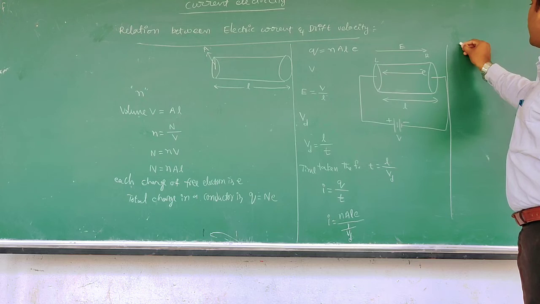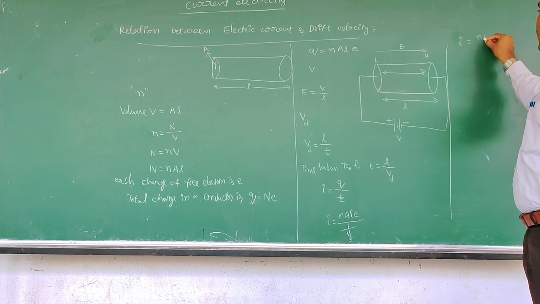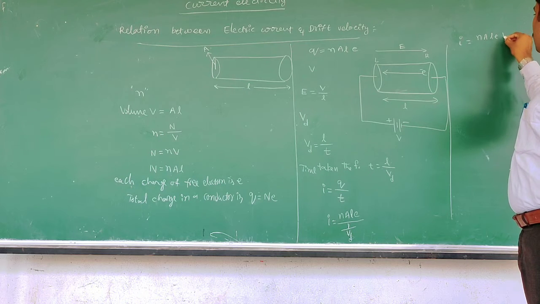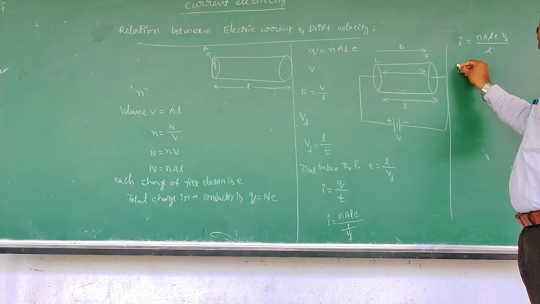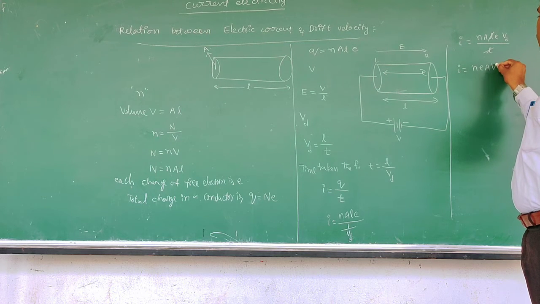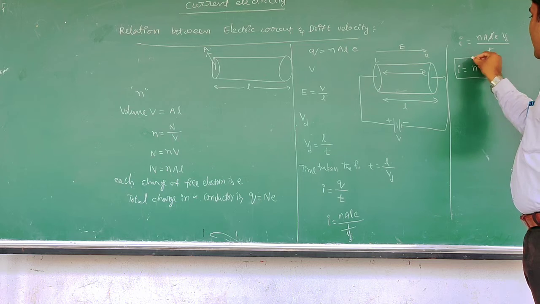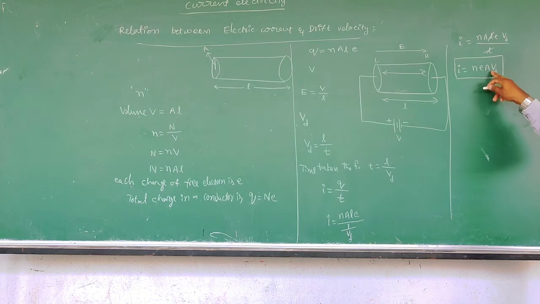Then we can write I is equal to nALe into Vd by L. L and L cancel. Then I is equal to neAVd. This is the electric current relation with the drift velocity.